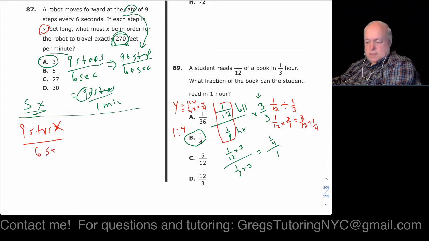We want to set that equal to something, which is the 270 feet over 1 minute.